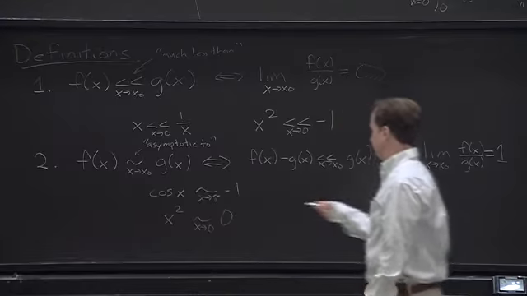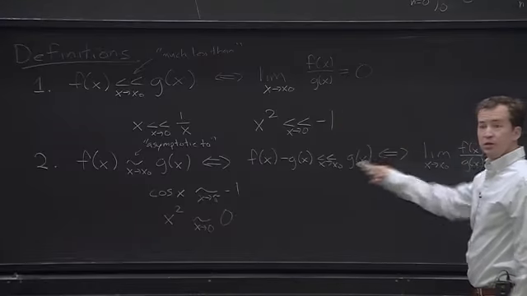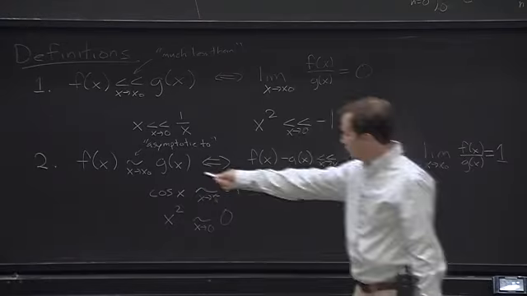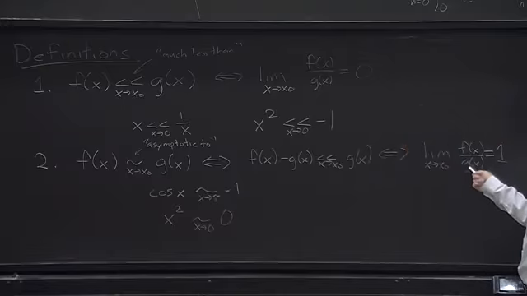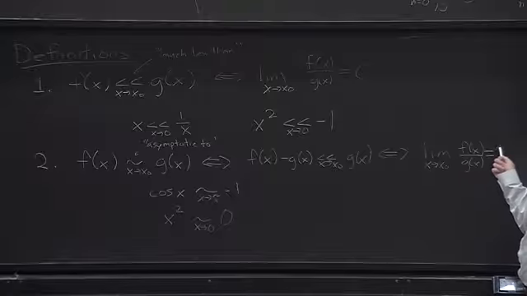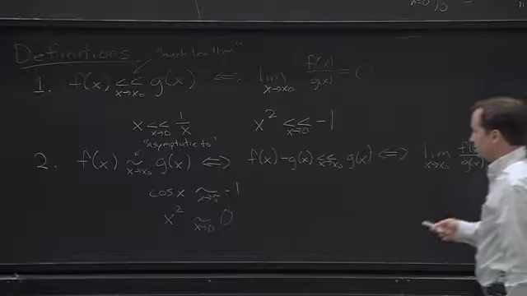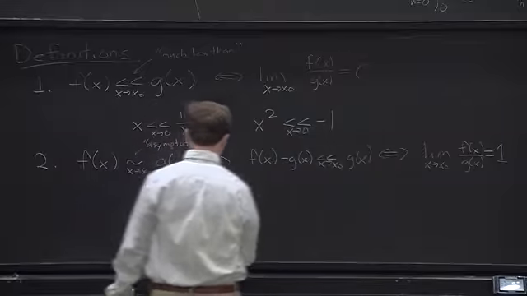One of the two equivalent conditions for two functions to be asymptotic is that the limit as x goes to x naught of f over g should be 1. The limit of x squared over 0 is not 1. It is not defined. So this doesn't work.